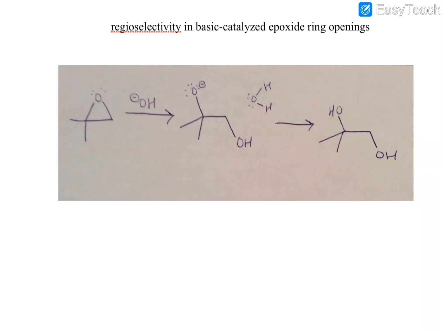Regioselectivity in base catalyzed epoxide ring openings works the exact opposite way than it does in acidic conditions. The alcohol shown in the previous mechanism will directly attack the molecule, but instead of attacking the more substituted carbon as it did in acidic conditions, it attacks the least substituted carbon.